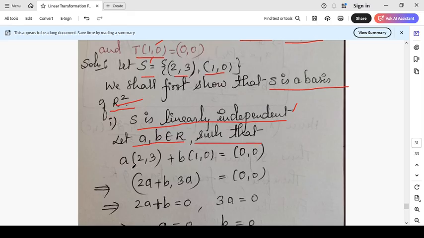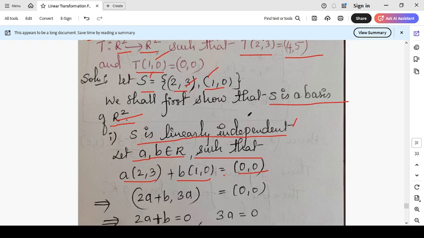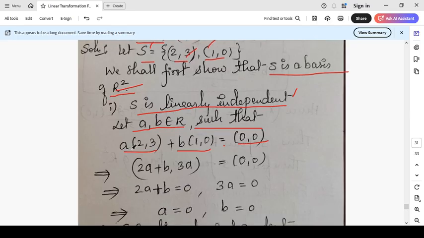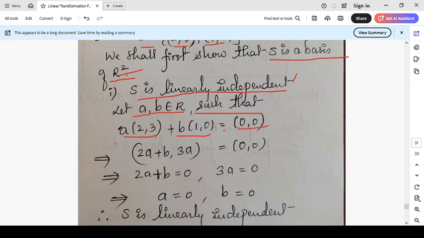a into (2, 3) plus b into (1, 0) is equal to (0, 0). By the definition of linear independence, if I operate this, we get 2a plus b as the first element, and next 3a plus b into 0, which is 3a, equal to (0, 0).